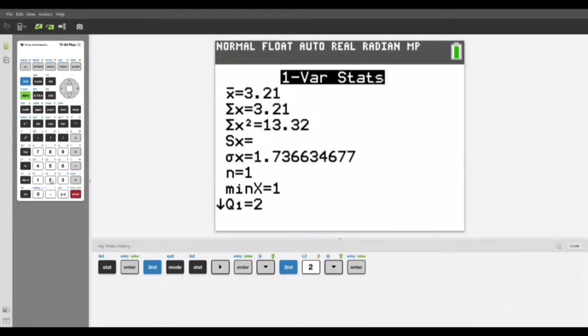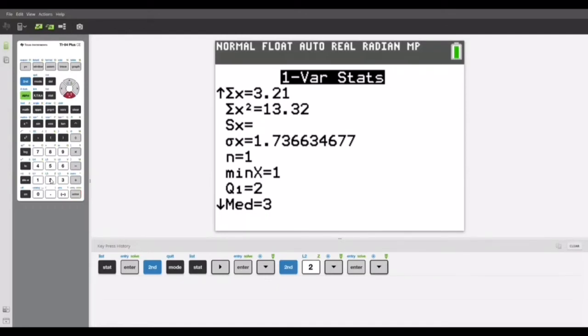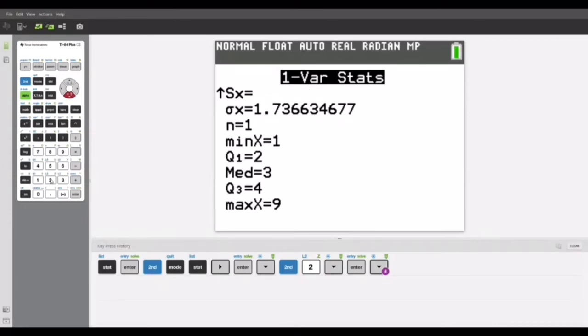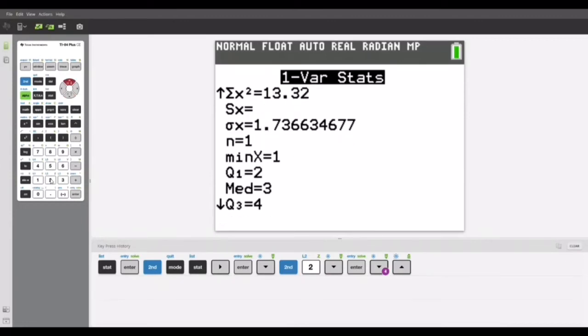Go to Calculate, select Enter. And on here you will notice that we have both the mean and the standard deviation. So the mean is listed as 3.21 and your standard deviation is 1.74, rounding to 2 decimal places.